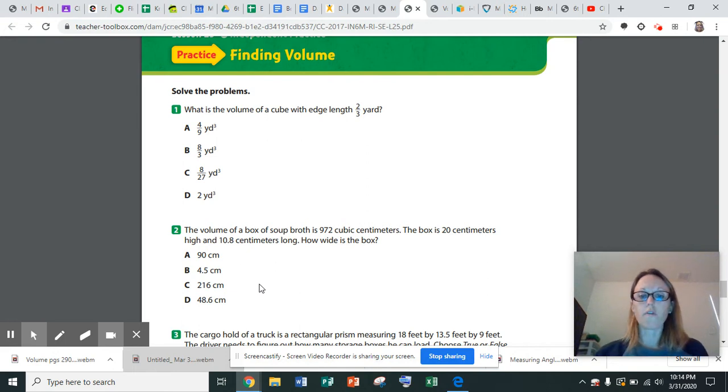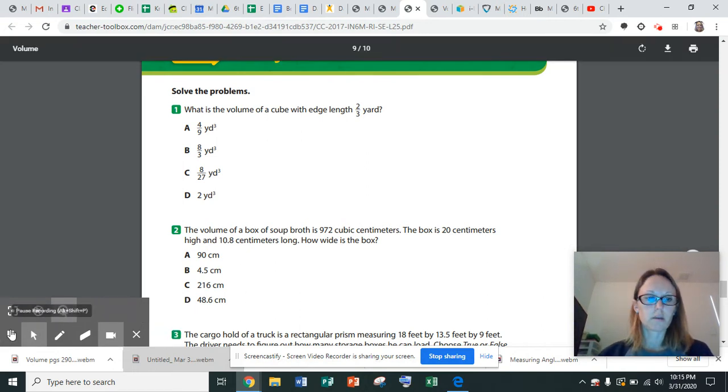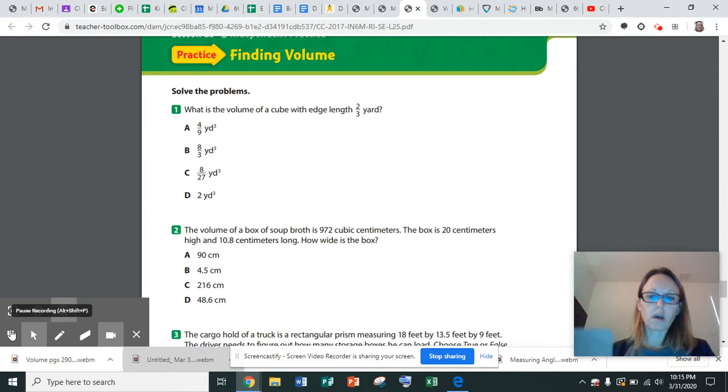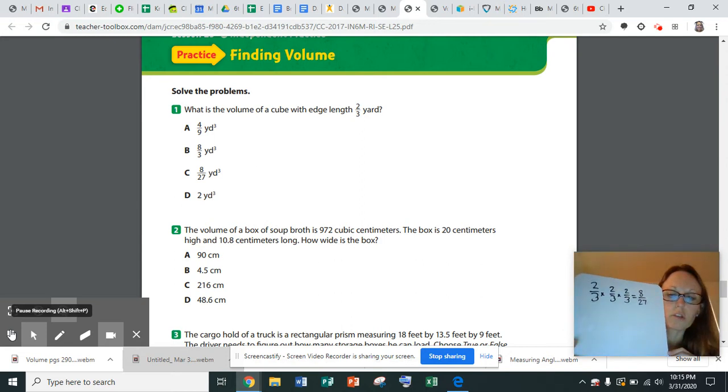So to solve for the volume of this cube, you know that all side lengths would be the same. So I'm going to pause it and let you try this one. Okay, hopefully you had enough time to answer. So your answer should look like this: 2/3 times 2/3 times 2/3, which equals 8/27 cubic yards, which would be the same as letter C.